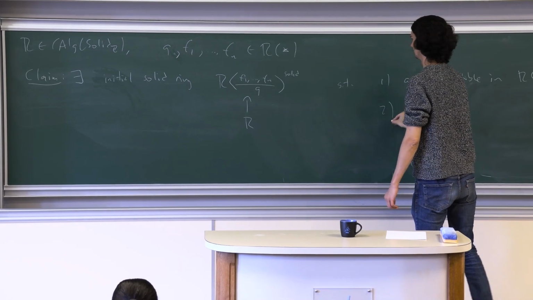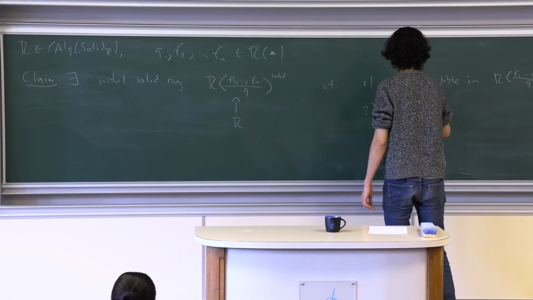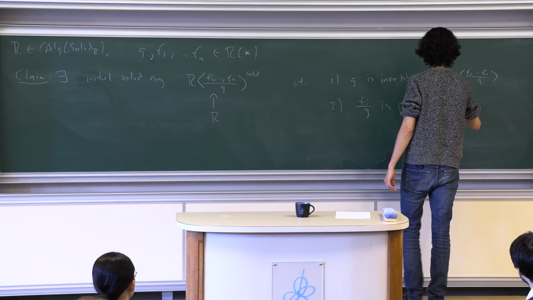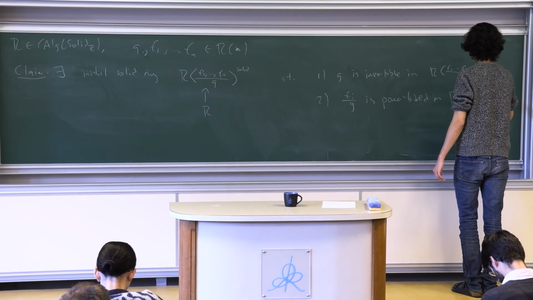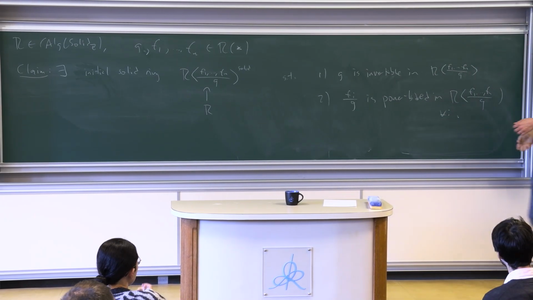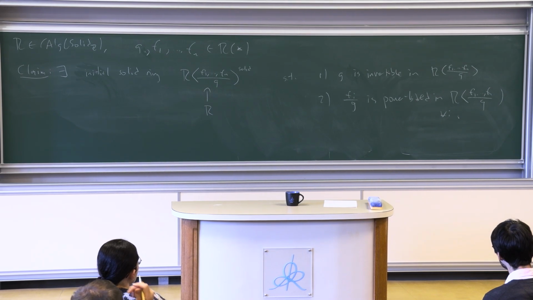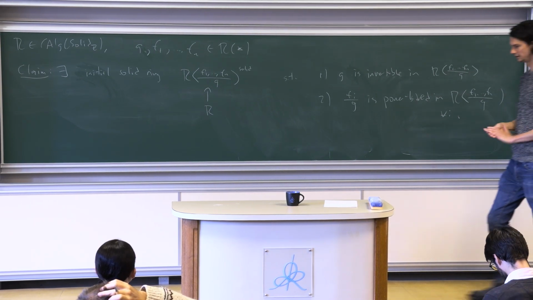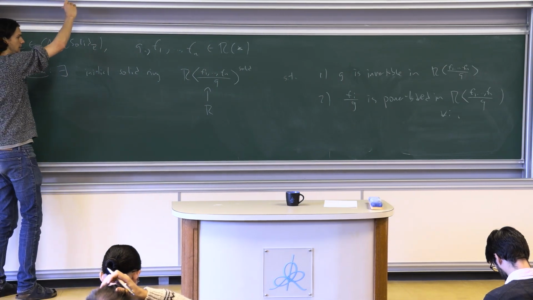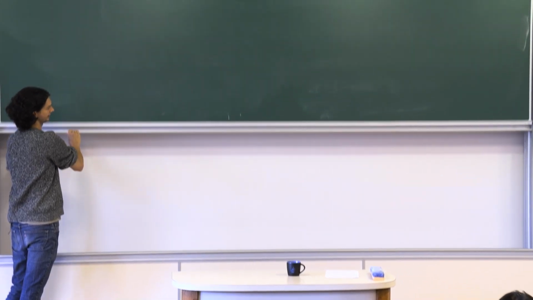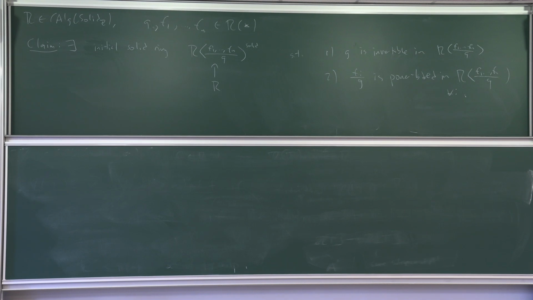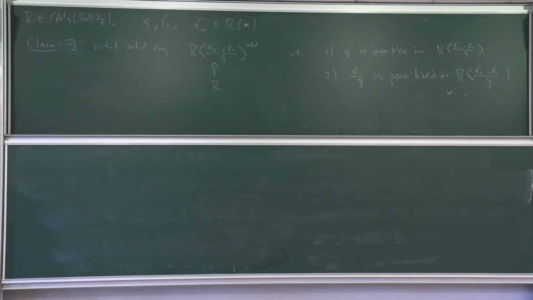And the second thing is that F_i over G is power bounded in R for all i. So that encodes the idea I was talking about: you want F_i over G to go to the closed unit disk, and you want G to be invertible.